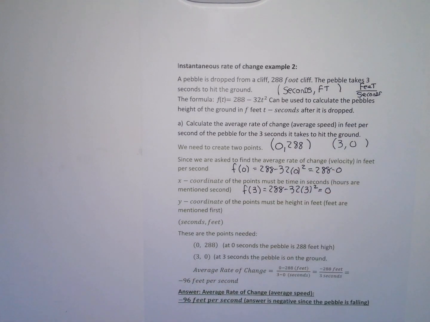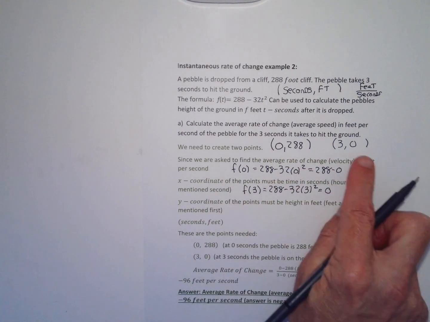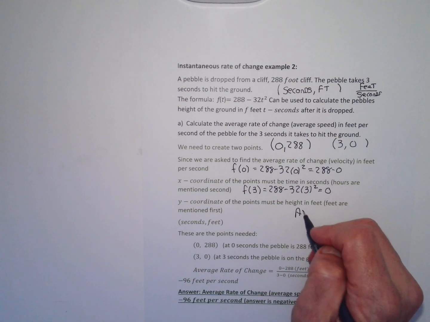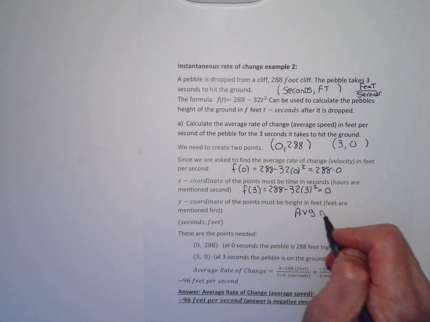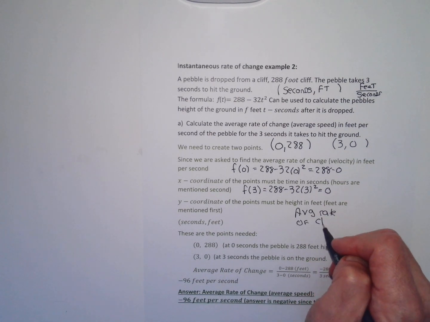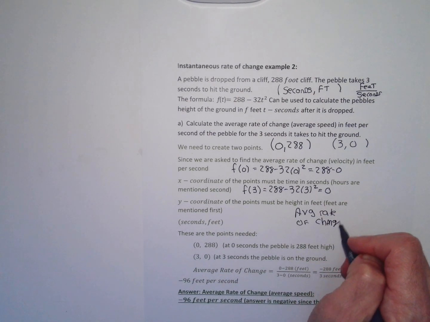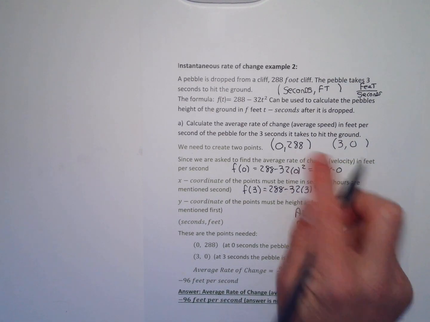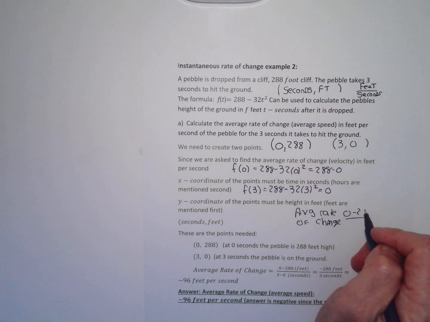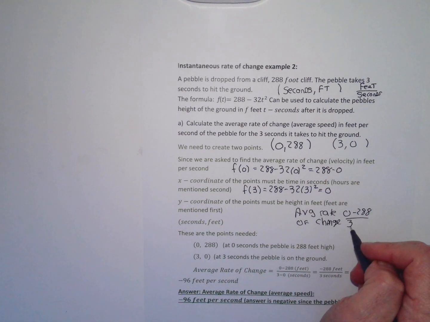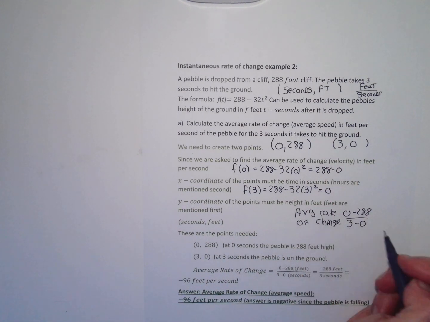What's the average rate of change? Well, the average rate of change is the slope of the line that connects the 2 points. So my average rate of change is going to be the y-coordinate of the second point, 0, minus the y-coordinate of the first point, 288, divided by the x-coordinate of the second point, 3, minus the x-coordinate of the first point.